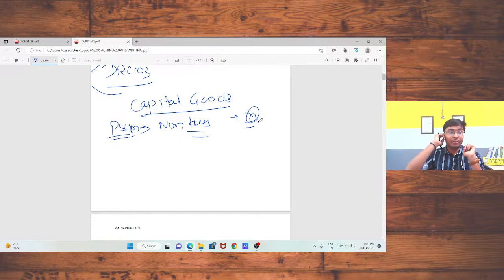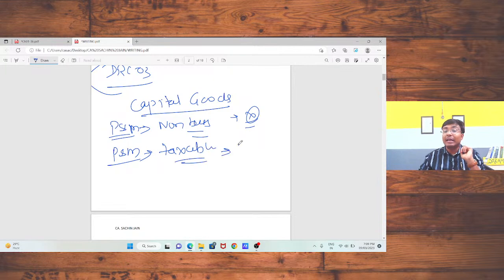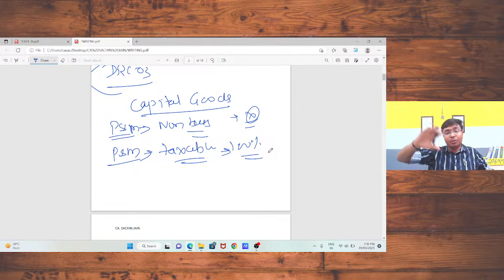But if at the time of buying, that plant and machinery is used completely for taxable purpose, in that case you can claim 100% credit, also not an issue. If you are using it for non-taxable purpose, non-business purpose, or exempted supply, you had not taken input tax credit, so no question.